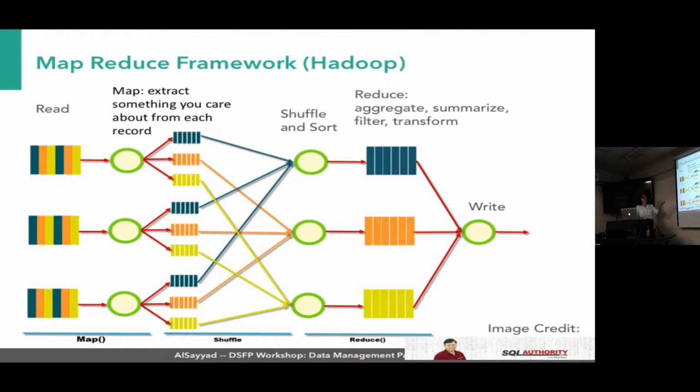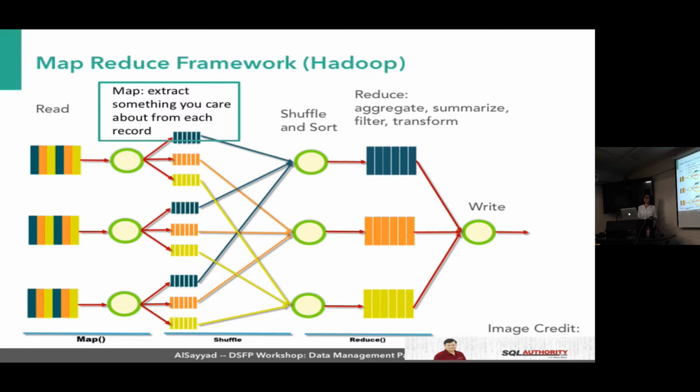And then you write a function that aggregates this list that has been emitted from each of the mapper functions. And then finally, they get written to disk. So this read, shuffle and sort, and write steps are all handled for you. You can't change those.